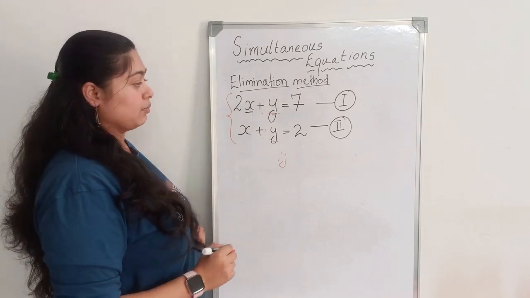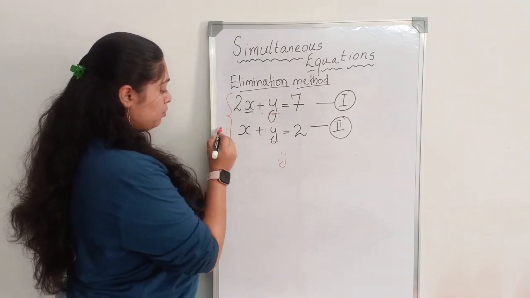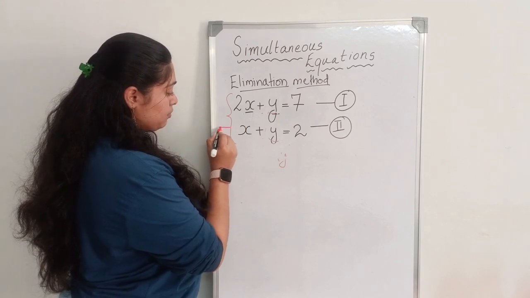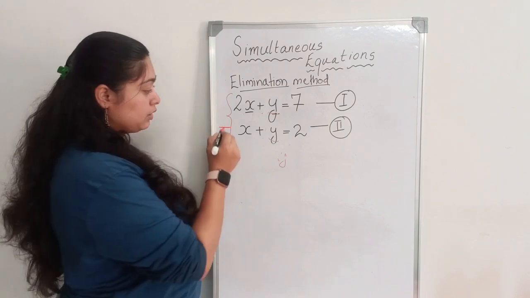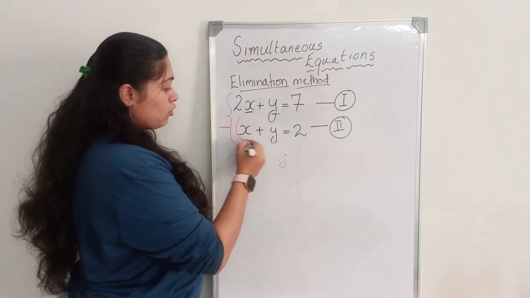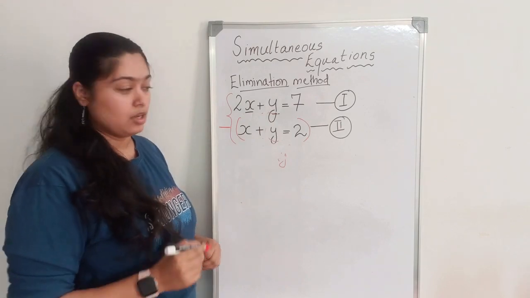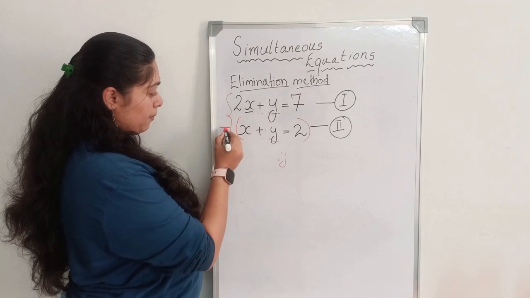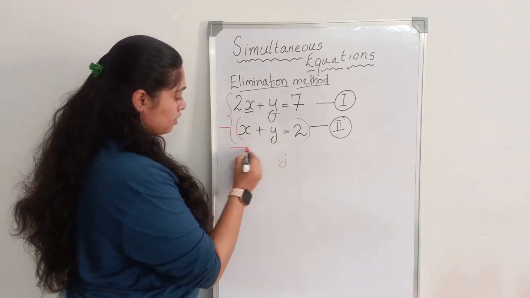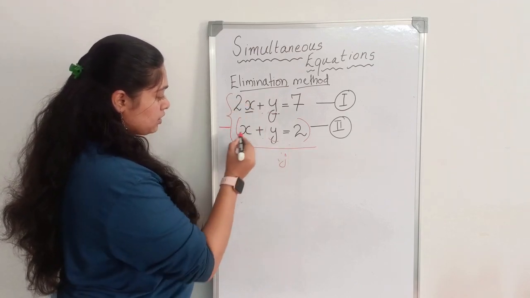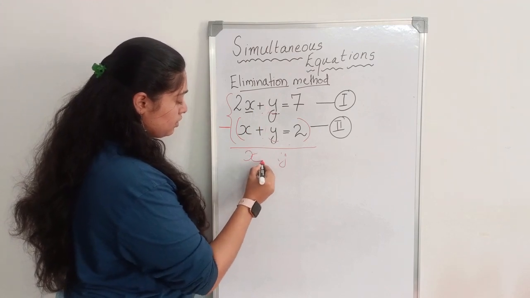To subtract them, my first step is, I'll put a big subtracting symbol here. And always remember, this subtracting symbol is common for all these terms, which means 2x minus x. I'm going to write here 2x minus x is x.